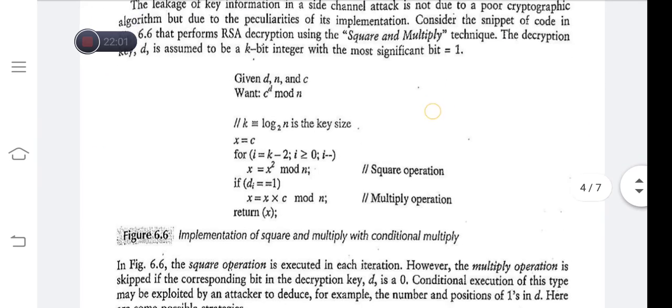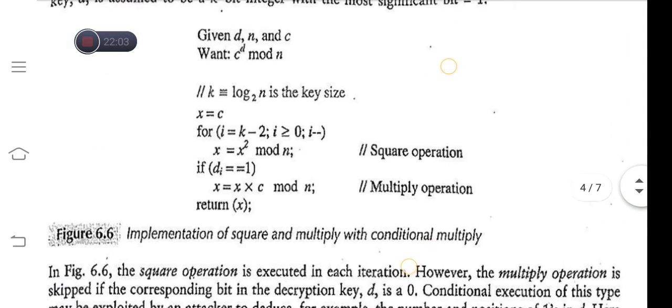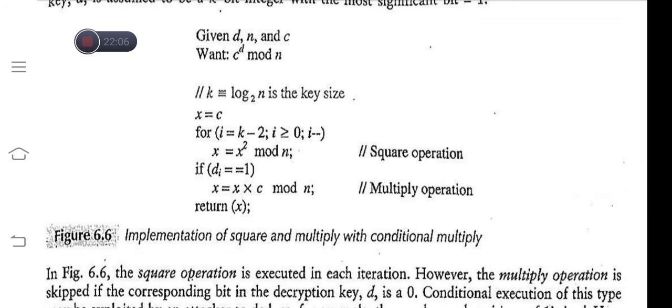Now let us consider we have the code here where we have the values of D, N and C. D is the private key used at the time of decryption, C is the ciphertext, and N is the modulus value.